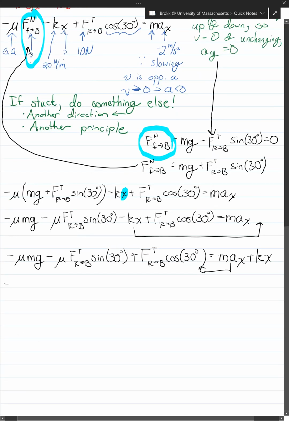So that'll leave me minus mu mg minus mu, the tension force from the rope on the block. Remember, mu is the roughness of the two surfaces, how rough they are as they slide across each other.